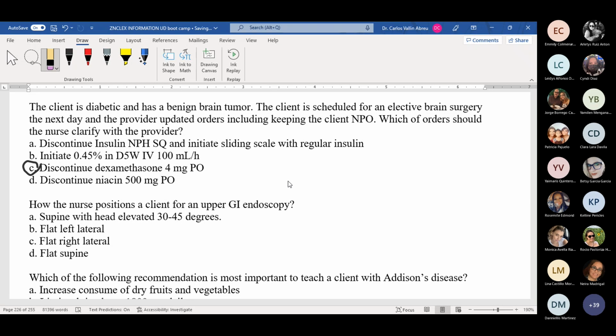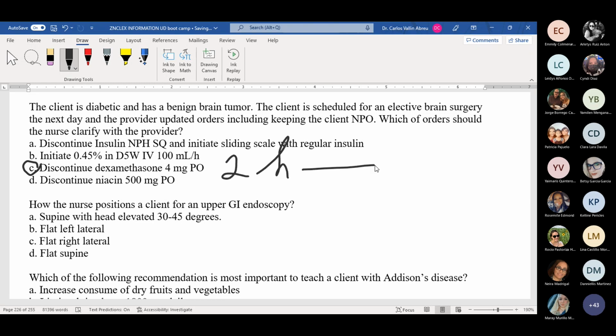Do you know how long we should stop the intake of clear liquids before surgery? How many hours? 2 hours. The answer is 2 hours. Until 2 hours before surgery, we can take a reasonable amount of clear liquids.